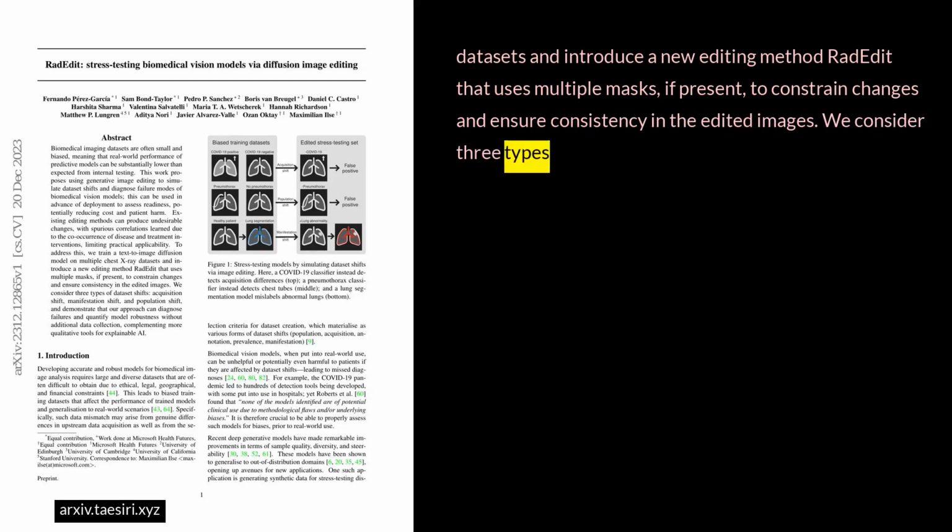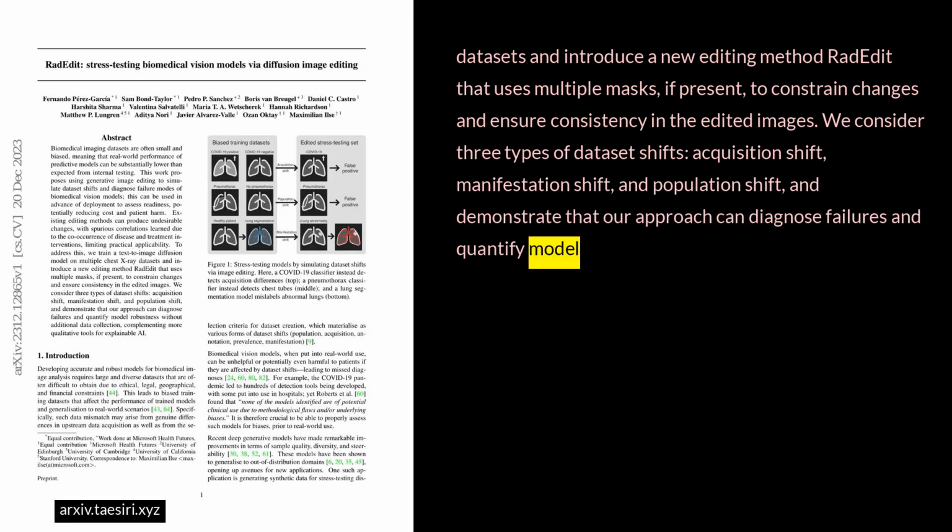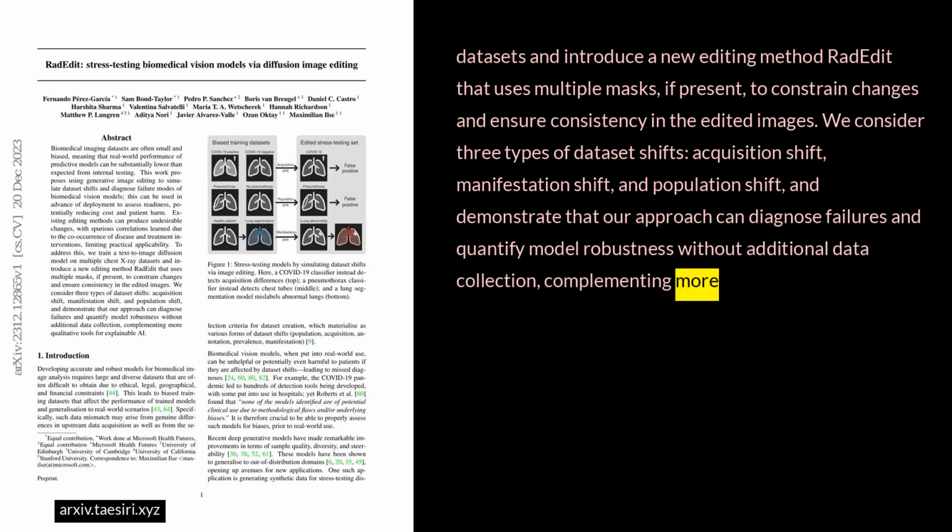We consider 3 types of dataset shifts: acquisition shift, manifestation shift, and population shift, and demonstrate that our approach can diagnose failures and quantify model robustness without additional data collection, complementing more qualitative tools for explainable AI.